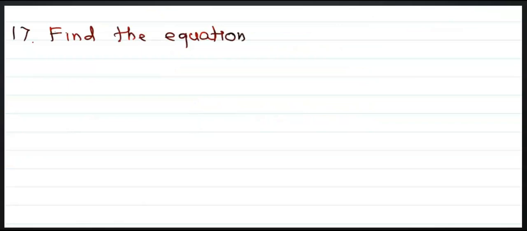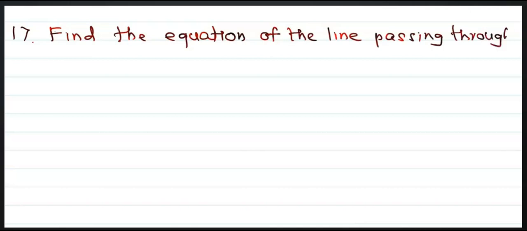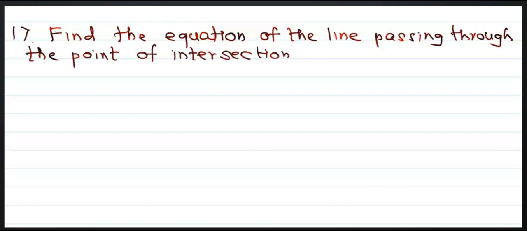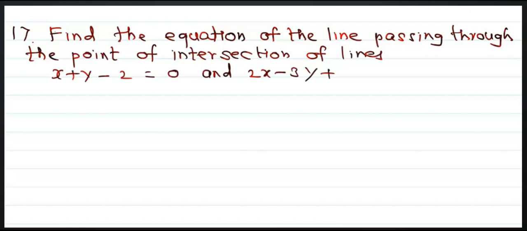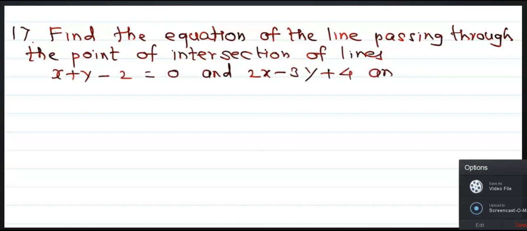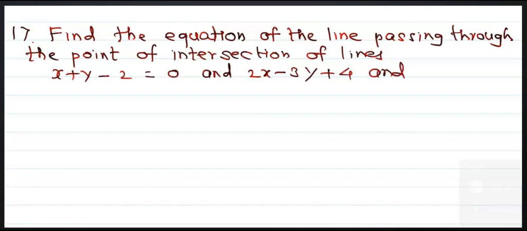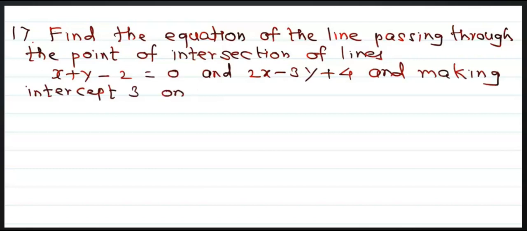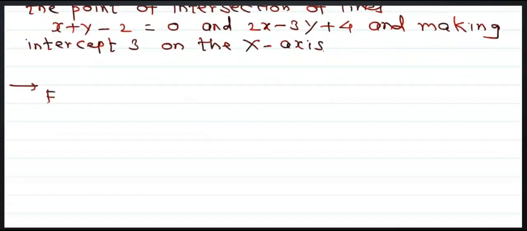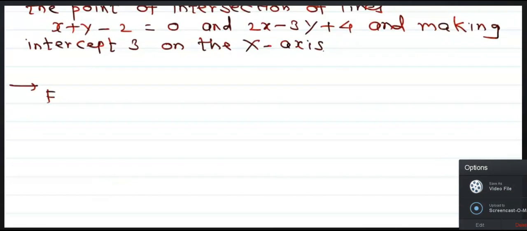Question number 70. Find the equation of the line passing through the point of intersection of the lines x + y minus 2 = 0 and 2x minus 3y + 4 = 0, taking the intercept 3 on the x-axis.